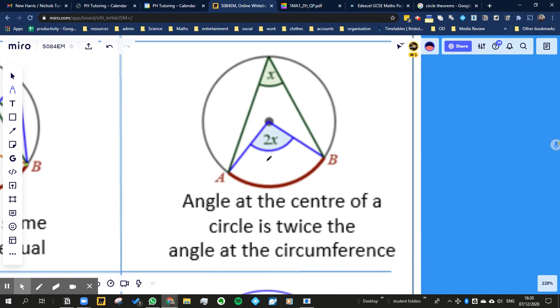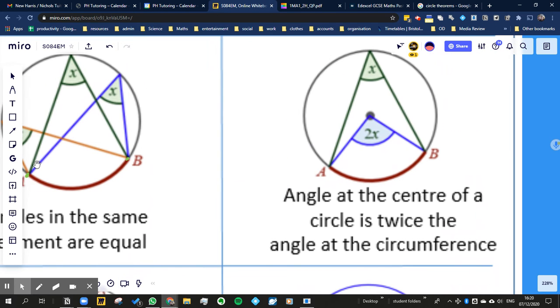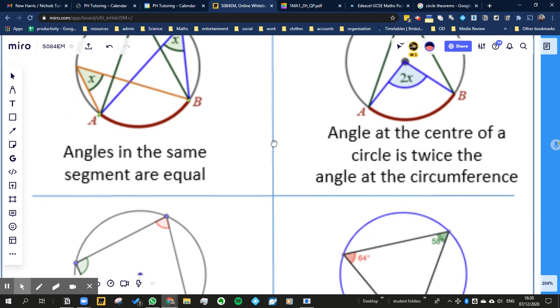Fourth, if I get the same 2 points again, and instead I draw it from the edge like that one, but then I also draw it to the center, you'll find the angle here is going to be exactly double that angle there, comparing the edge to the center of the circle. That's the 4th rule.